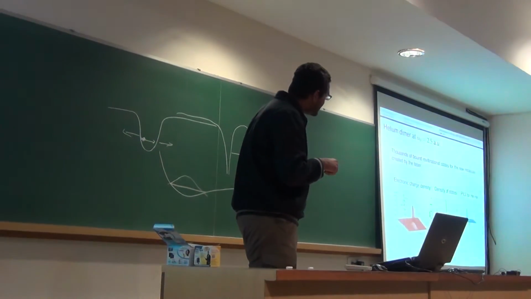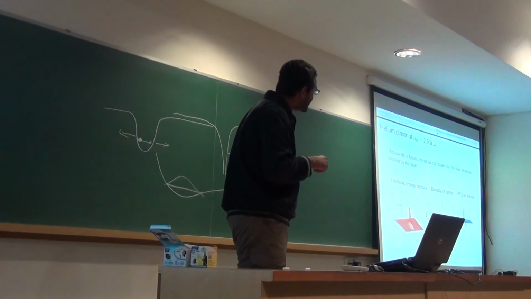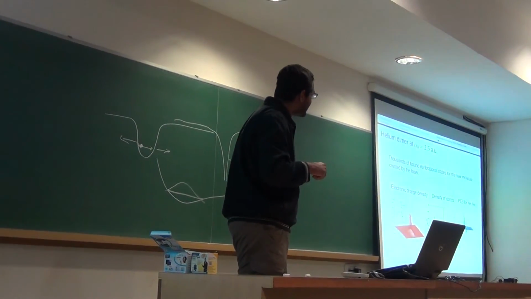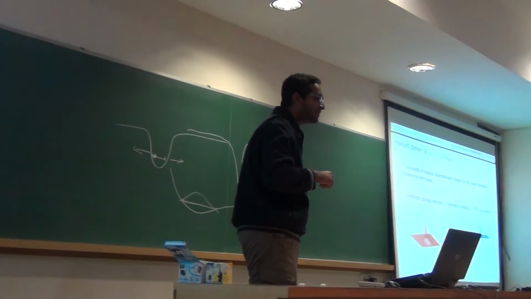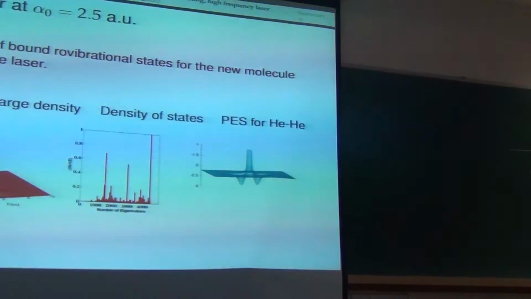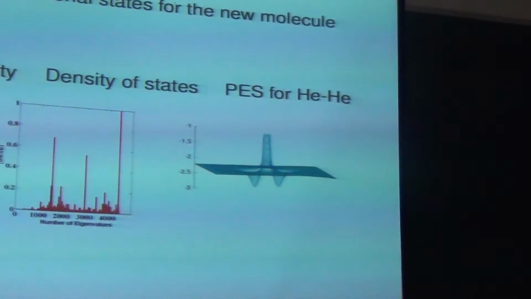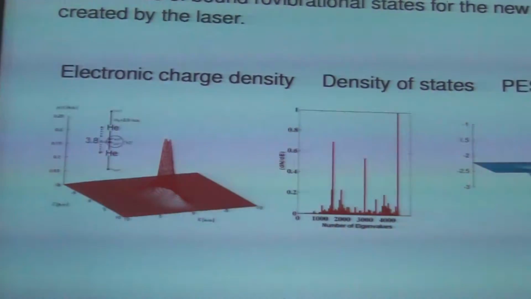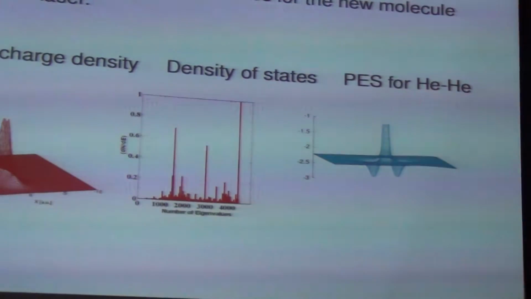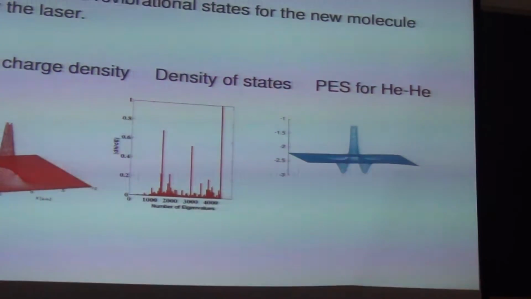Now, this is the full rovibrational potential energy surface. I have given it in rectangular coordinates, but this is the well which it sees, where the strongly bound helium dimer would reside. Now, the one thing is, in the experiment I told you that the free field helium dimer had just a single vibrational constant.